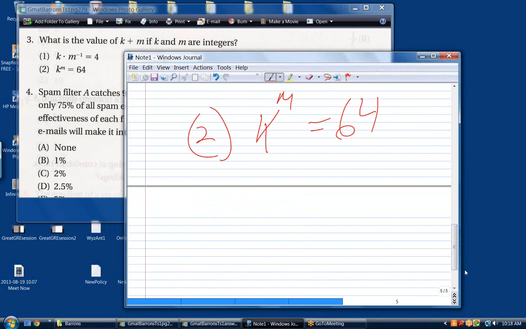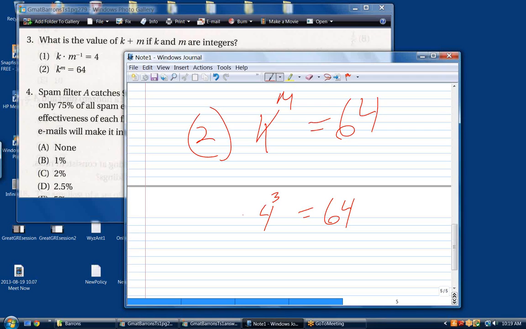Well, notice it doesn't have to be squared. It could be, how about 4 to the third? Oh, yeah, that's right. Then that means you cannot get one value for k plus m. Exactly. Since I was able to find two sets of numbers, and frequently that's the methodology you want to use: if you can find two different answers for k and m, that means you cannot answer it from this alone.